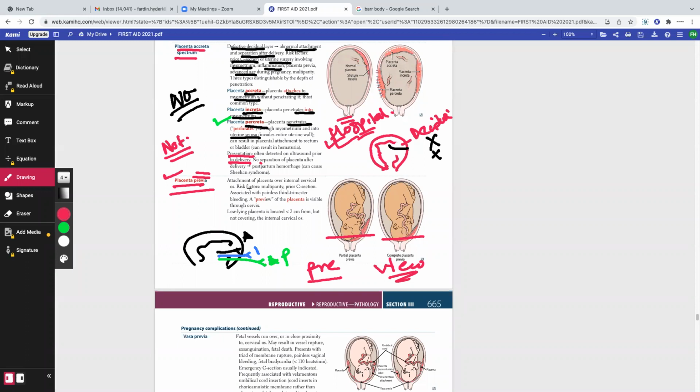So patients of placenta previa, should they have a history of prior cesarean sections? Yes or no? The answer is yes. And the next question is, females who have had previous cesarean sections, do we more or less allow them to have a normal vaginal delivery in their subsequent pregnancies? Yes or no?